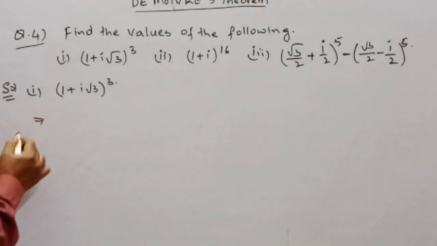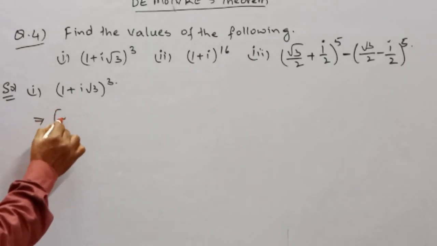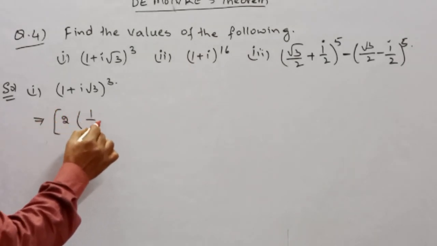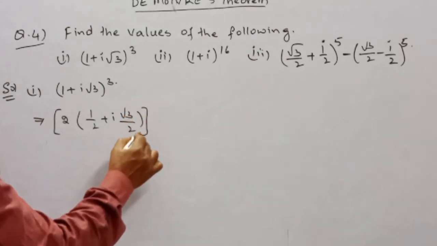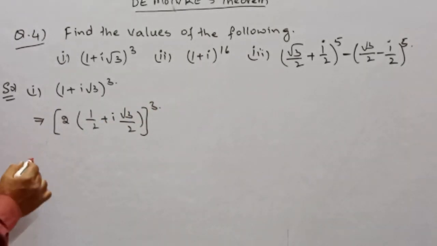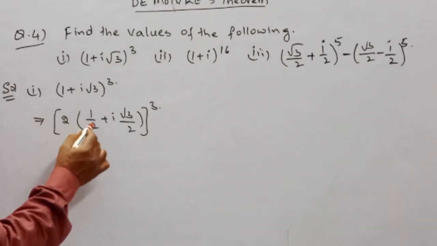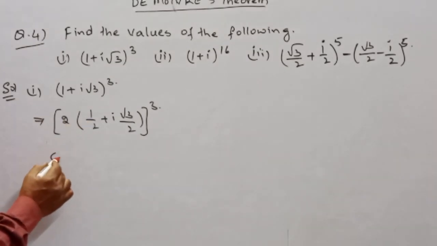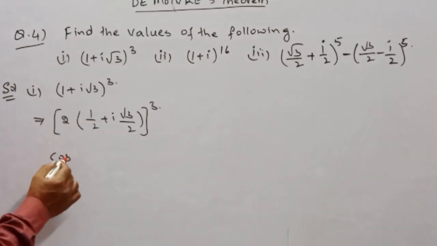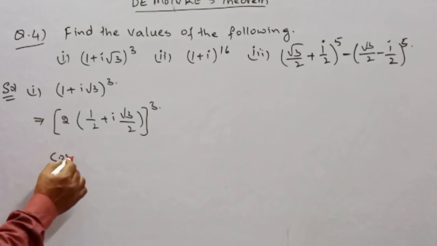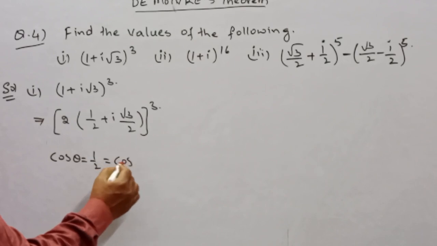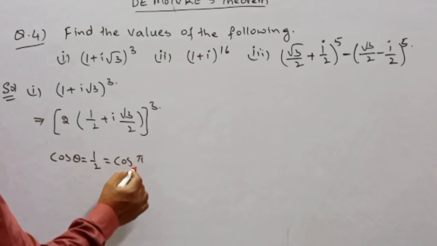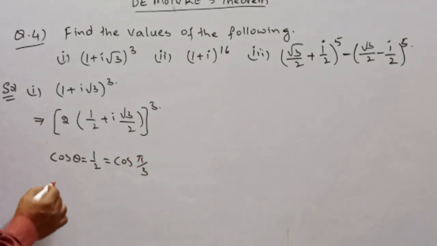This can be written as 2 into (1 by 2 plus i into root 3 by 2) whole cube. Here, cos theta is equal to 1 by 2, that is cos 60 degrees, pi by 3.